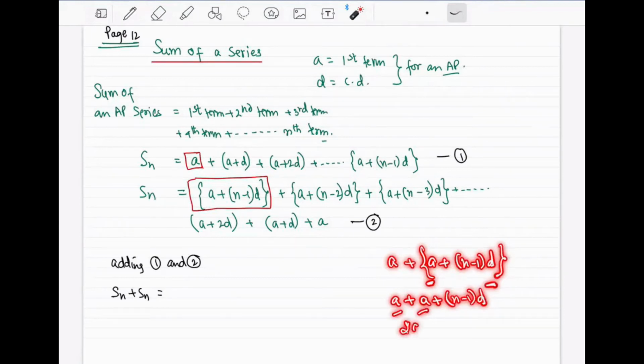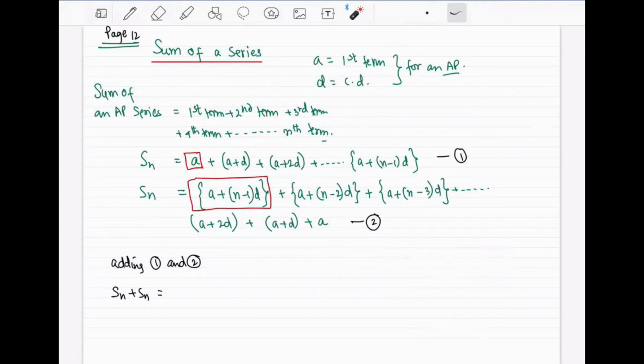So we will have twice a plus n minus 1 d. So when I add these two marked portions, what we get on the right hand side, I'm sorry, it will be twice a plus n minus 1 d. Let me enclose them inside third brackets, plus. How did we obtain this? We obtain this by adding the first term and the last term.